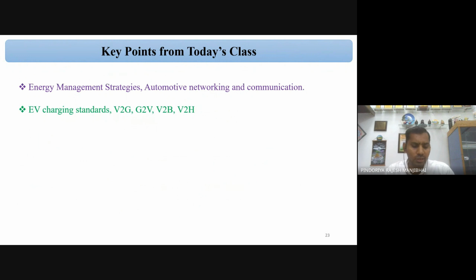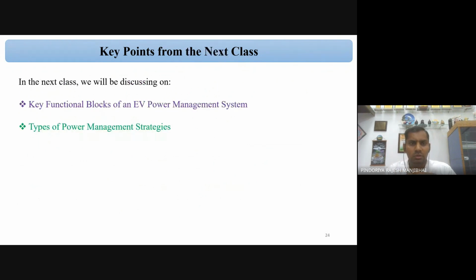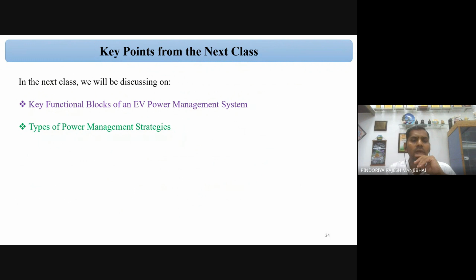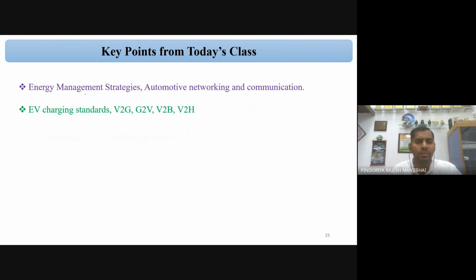Key points from today's class: the key functions of the block diagram of EV power management, and the types of power management strategy. From the next class, we will study the energy management strategy for automotive networking and communication. Basically, what type of communication we are using for automotive networking, and EV charging standards.